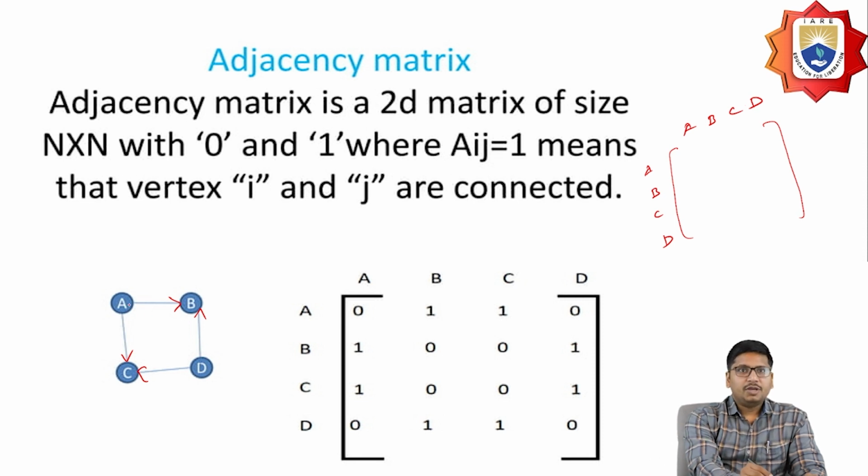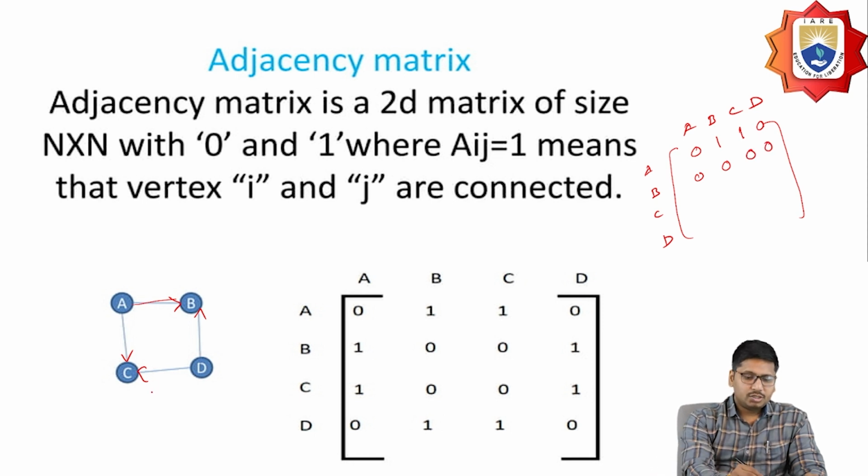I have an edge from A to B, so I mark it as 1, and A to C is 1, and A to D is not there, so the remaining are 0. If I consider B, there is no edge leaving from B, so it should be all zeros.